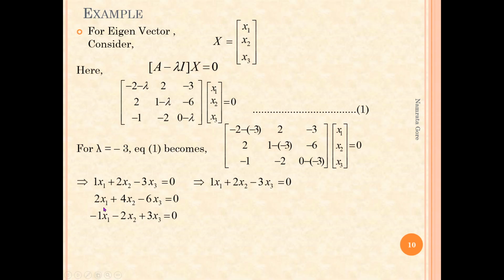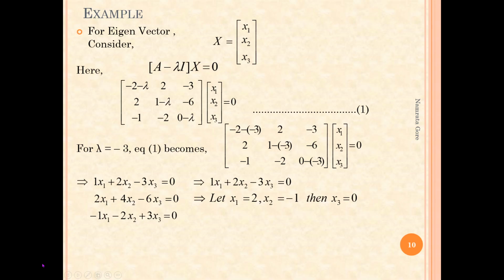If you observe carefully, if I divide the second equation by 2, I will get the first equation. If I divide the third equation by -1, I will again get the first equation. So this is the equation with us. Now we have 3 unknowns and 1 equation. In that case, we need to assume any 2 of these unknowns and respectively calculate the third unknown.